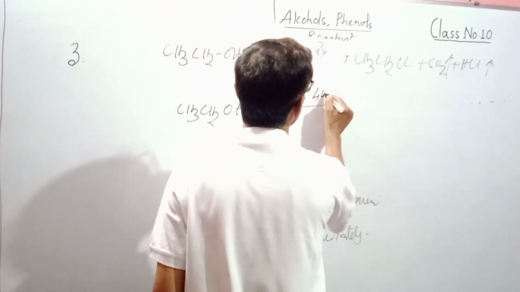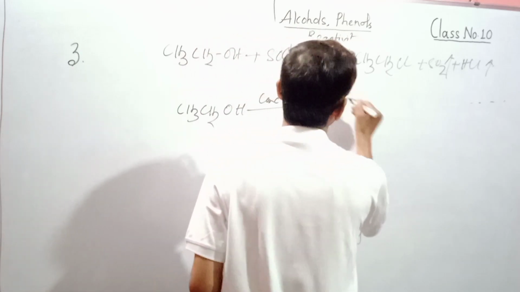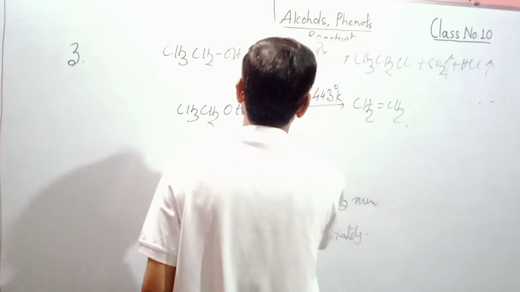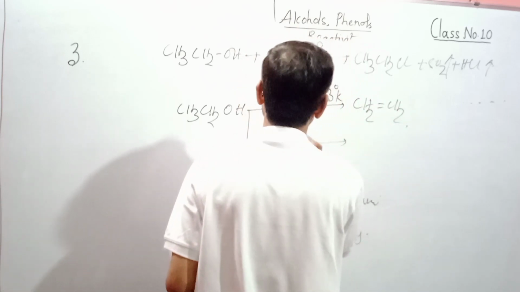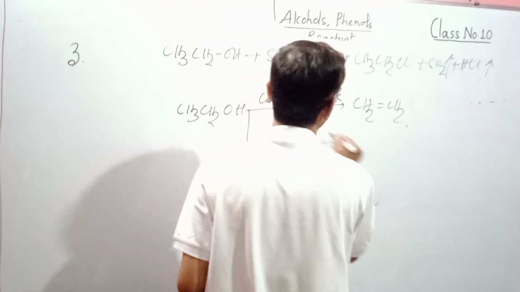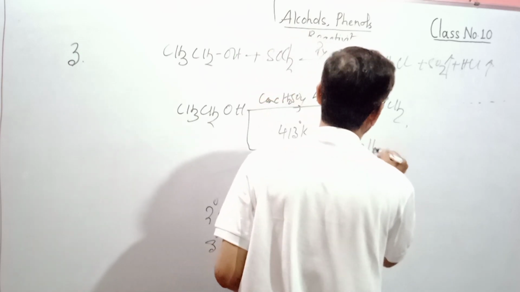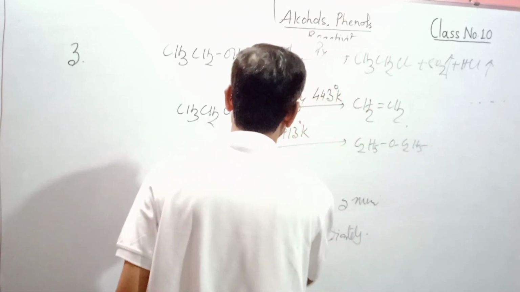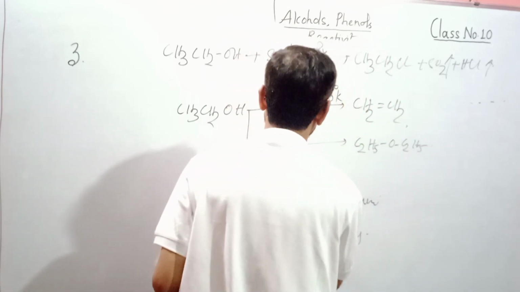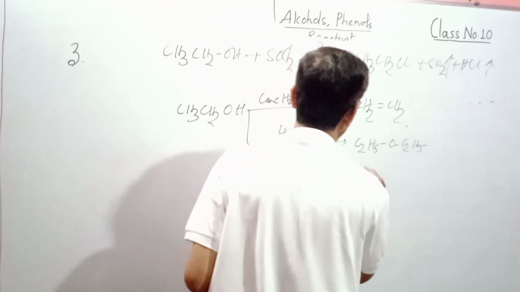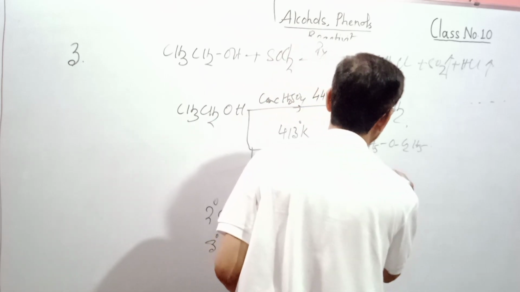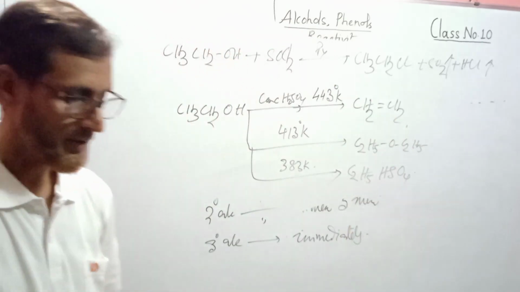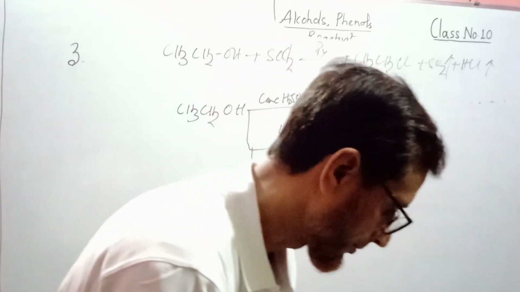So at 443 Kelvin it gives ethene, at 413 Kelvin it gives ether, and at 383 Kelvin it gives ethyl hydrogen sulfate. So it is a temperature dependent reaction.